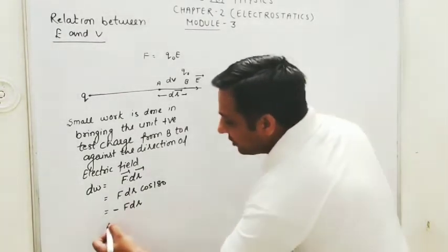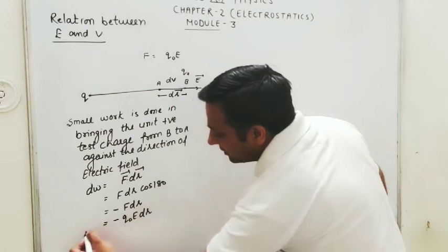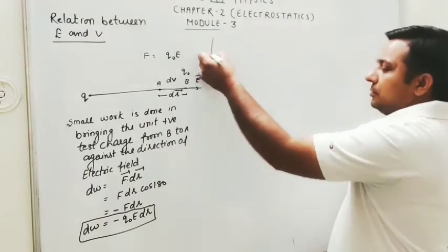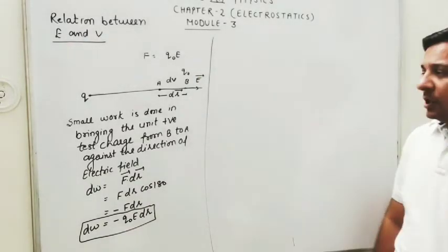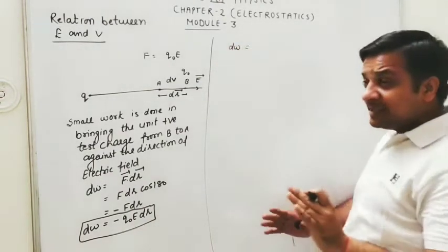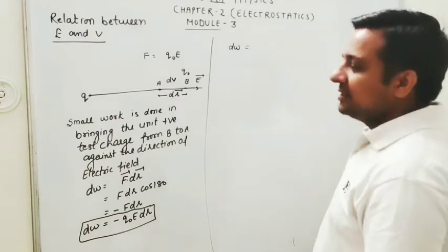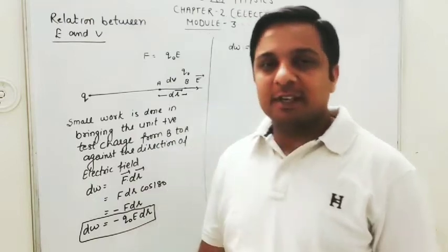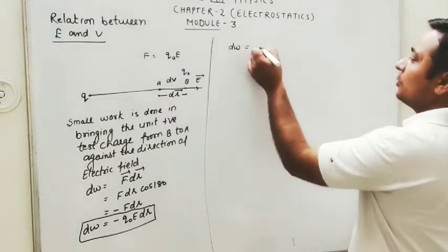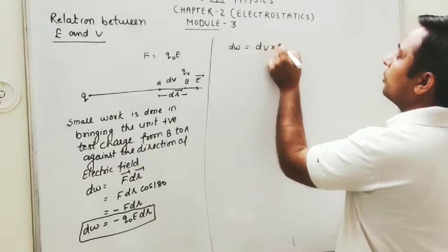So you can write here minus Q naught E into dr, equation first. And you know dW, work done, is equal to potential into charge, because in the last lecture we studied that potential is equal to work done per unit charge. So dW is equal to dV into Q naught, equation second.